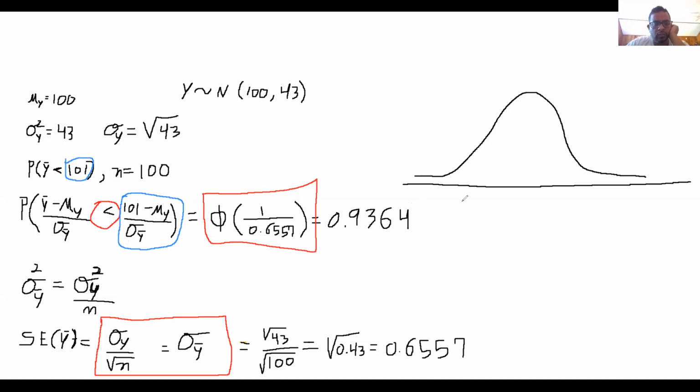Let's say this point is anywhere; I don't know if it's negative or positive. Let's say T is my point of interest, which is this number. Now, I'm trying to see what is the probability that this Y bar is less than 101, which is equivalent to this being less than this, right?